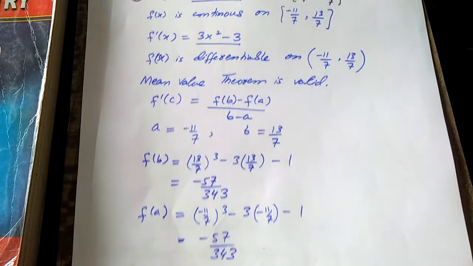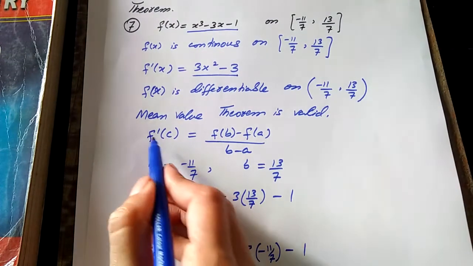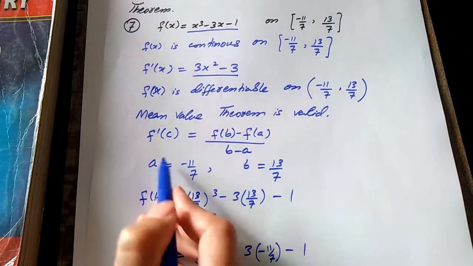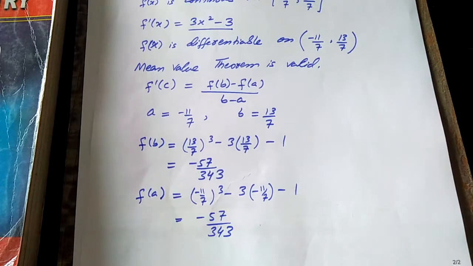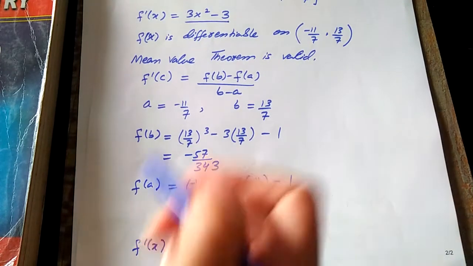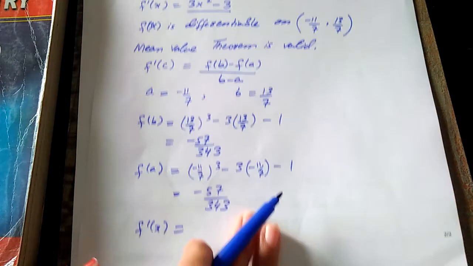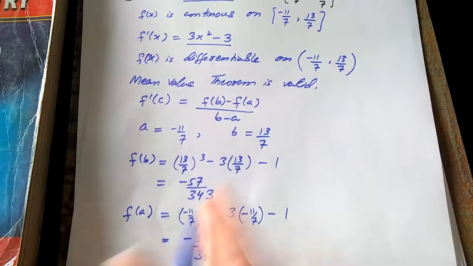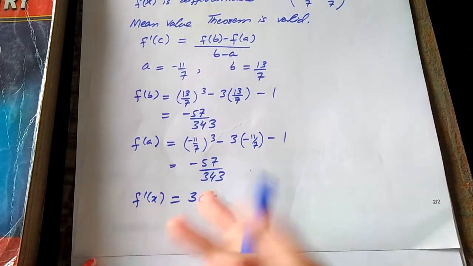Now we need one more thing, that is f dash of c. Use f dash of x and in place of x use the value of c. F dash of x was 3x square minus 3, so now it becomes 3c square minus 3.